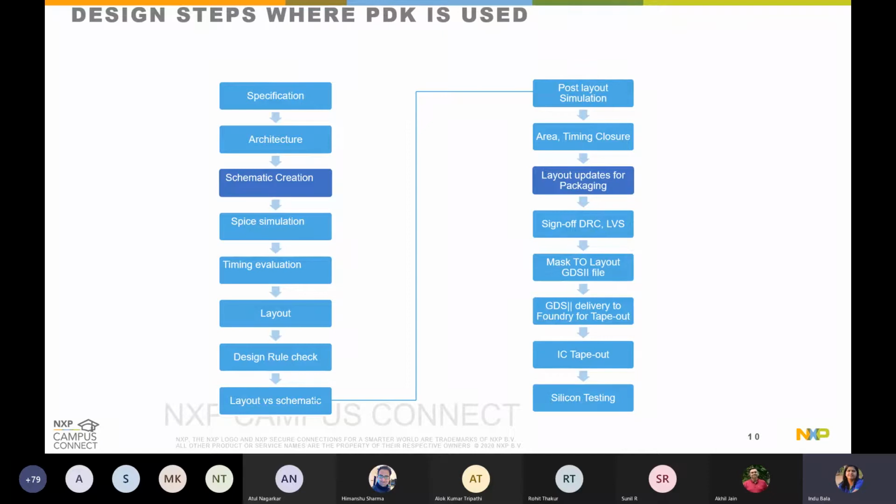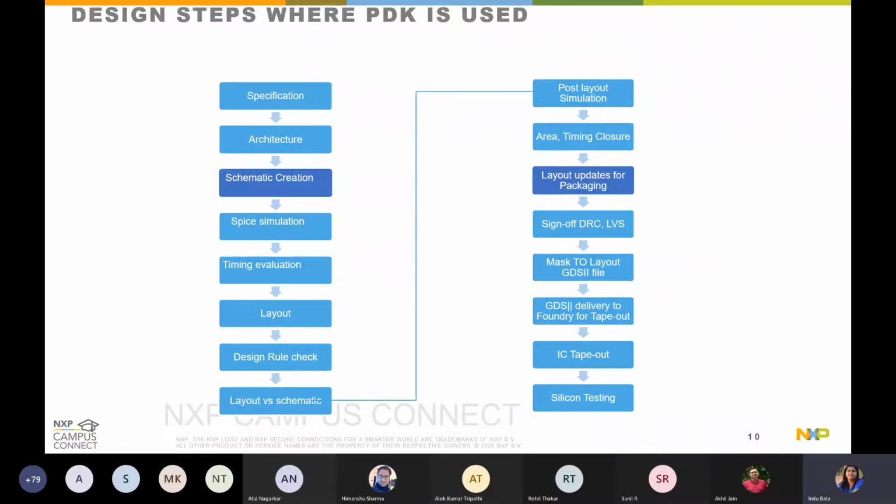That is defined by the foundry. So you use that extraction deck, and once that netlist is available, we go for the post layout simulation with that in combination with the SPICE models. Then we go for area and timing closure. We go for different reliability checks, where the PDK also provides the EMIR decks.